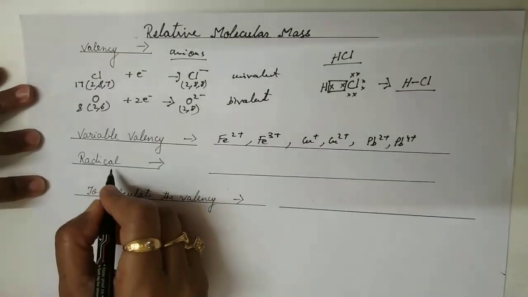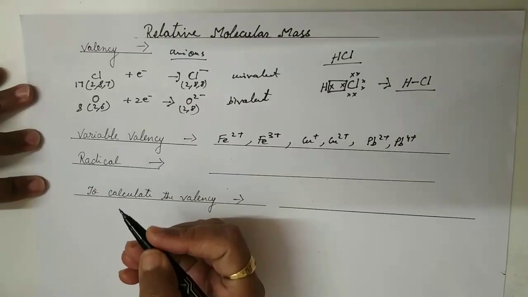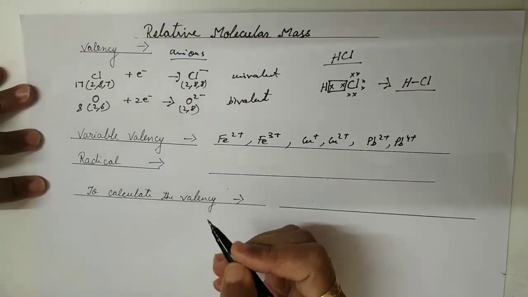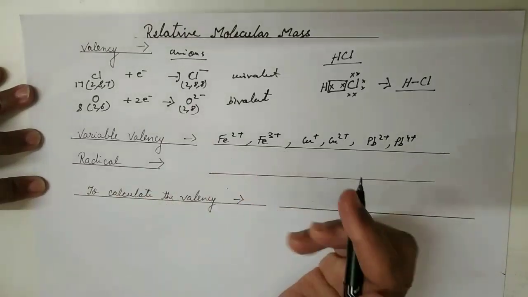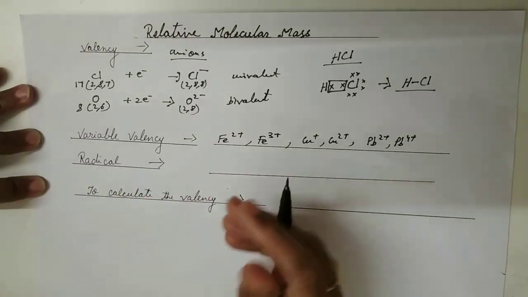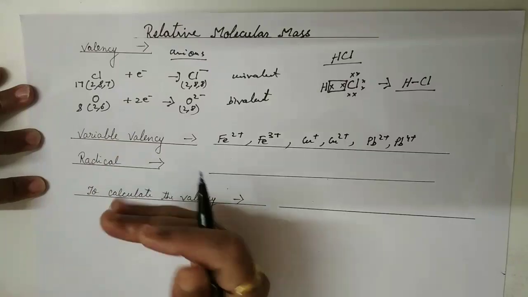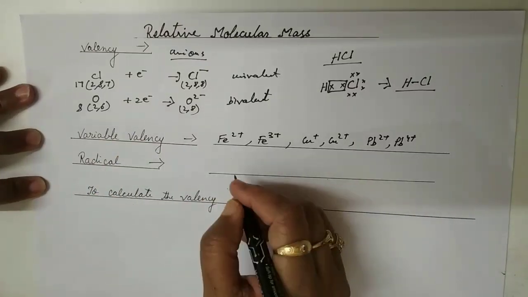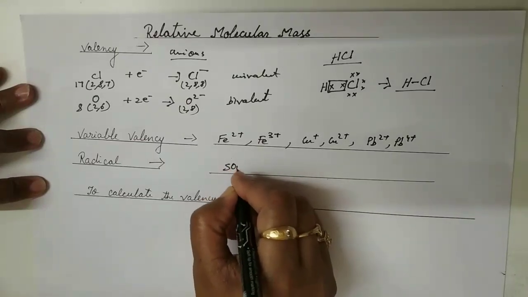The next topic is radical. An atom or group of atoms of same or different elements that behave as a single unit with a positive or negative charge. Like if I say sulfate.